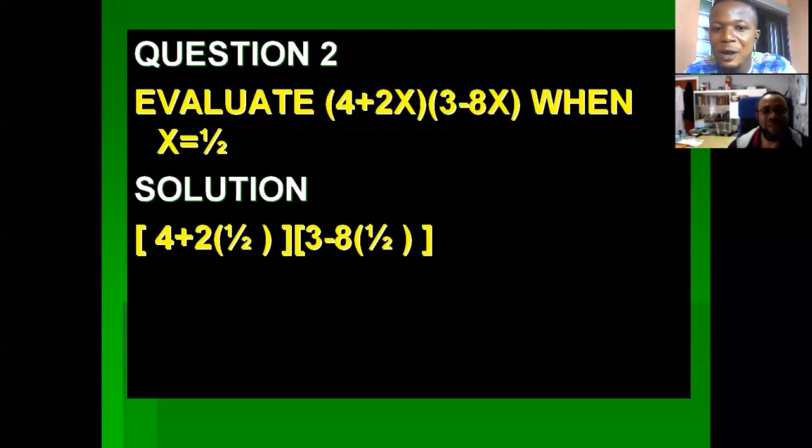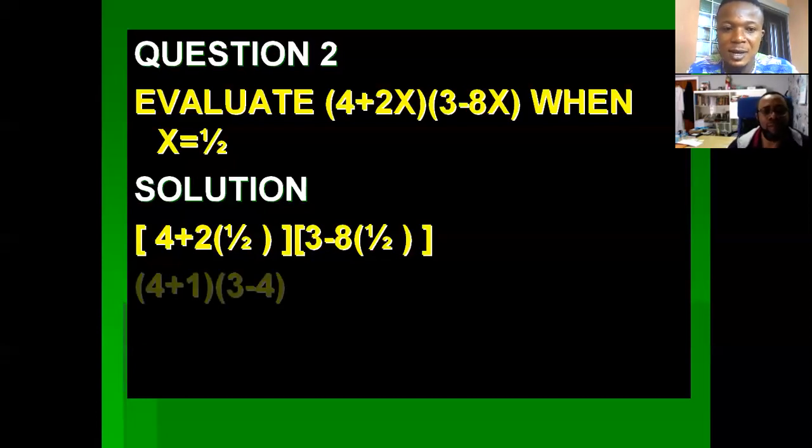Then the other one, where you have 8 multiplying 1 over 2, the 8 can be called 8 over 1, then multiplying 1 over 2. Up numbers multiply up numbers, so we have 8 over 2, which is 4, right? 8 divided by 2 is 4.